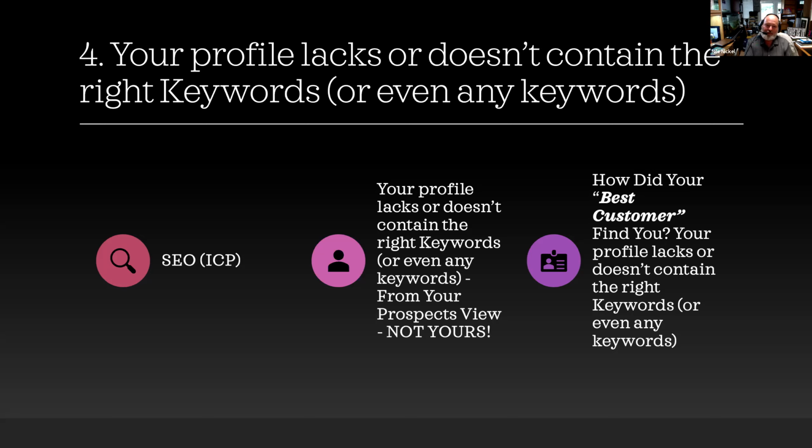And from an SEO perspective, the search engine optimization, I recommend going through what I call an ICP, which is your ideal client profile. What is your ideal client like? What are the keywords that your ideal client would probably use to find you?